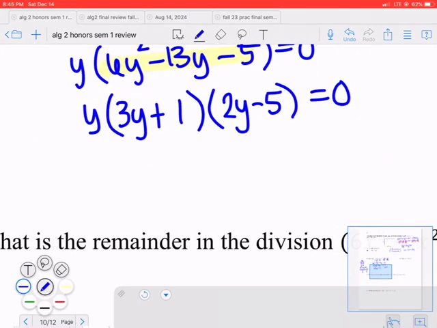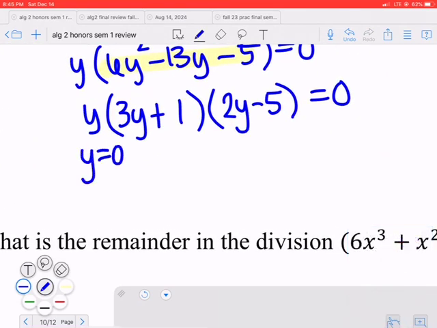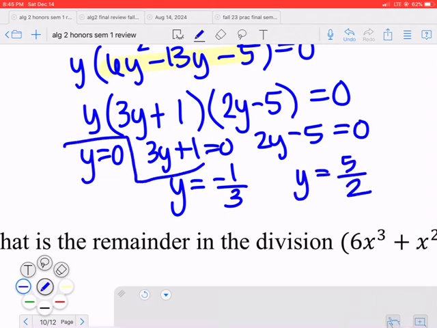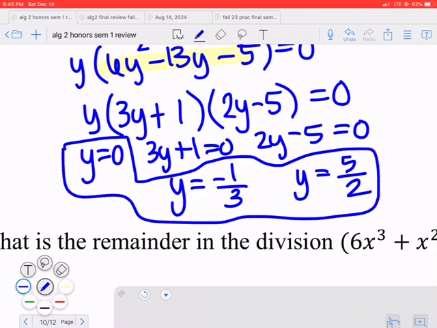And so set each factor equal to 0. y equals 0, 3y plus 1 equals 0, 2y minus 5 equals 0. So y is equal to minus 1 divided by 3. This one, add the 5, divide by 2. So we have 3 solutions.